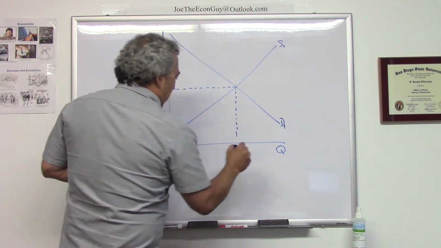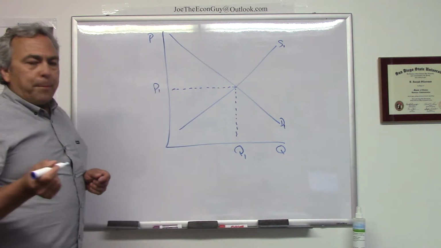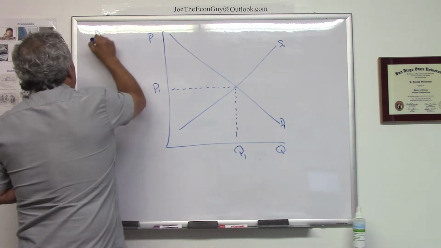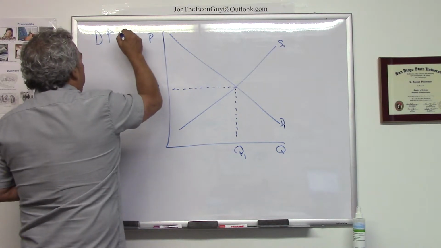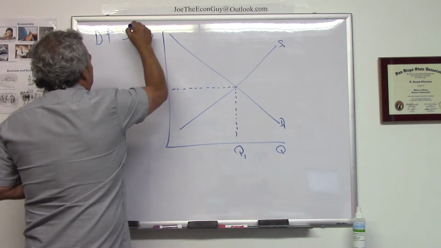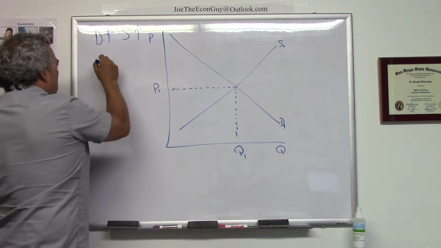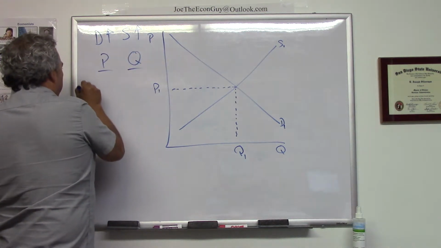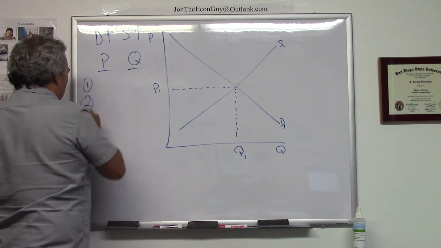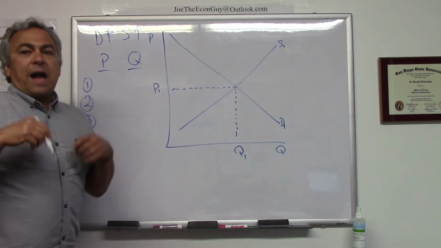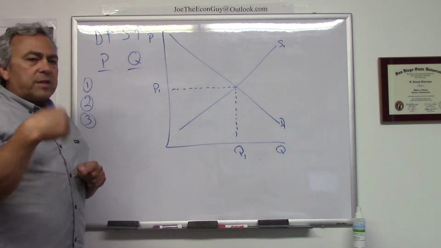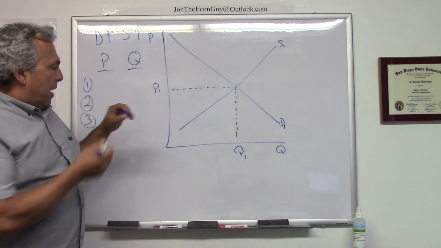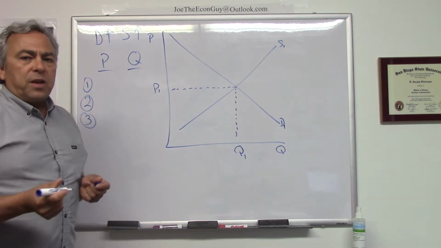And what we're going to do is look at what happens when we get an increase in demand coupled with an increase in supply. And the story that I'm going to tell you is when it comes to price and quantity, there are three different possibilities. Now, how do I know that there's three different possibilities? I know this because I've done this for a while, and so I've worked out the three different permutations.